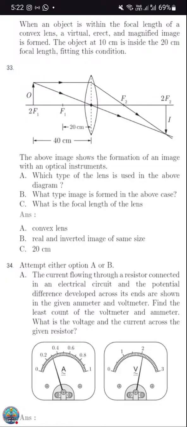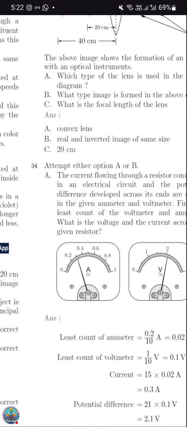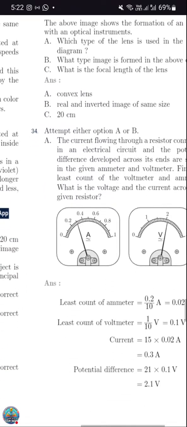What is the focal length of the lens? We need not find it, it's given in the explanation itself, 20 centimeter focal length. So it's a very simple question, 33, where you can easily score complete marks.